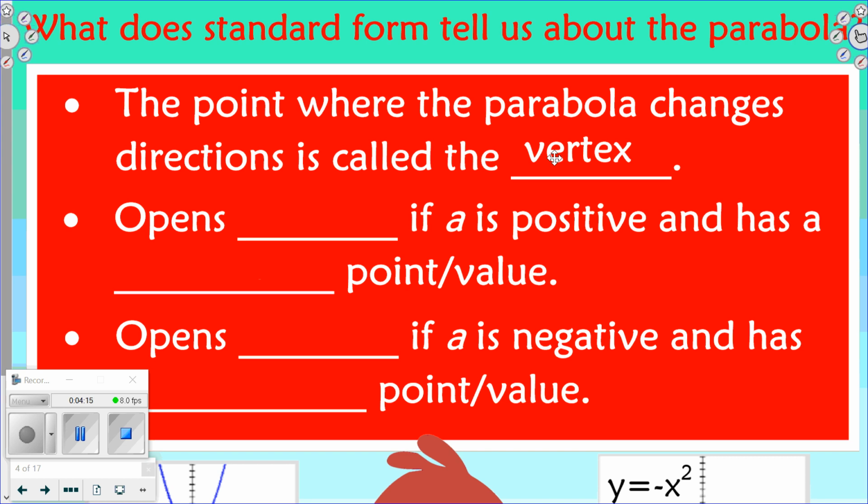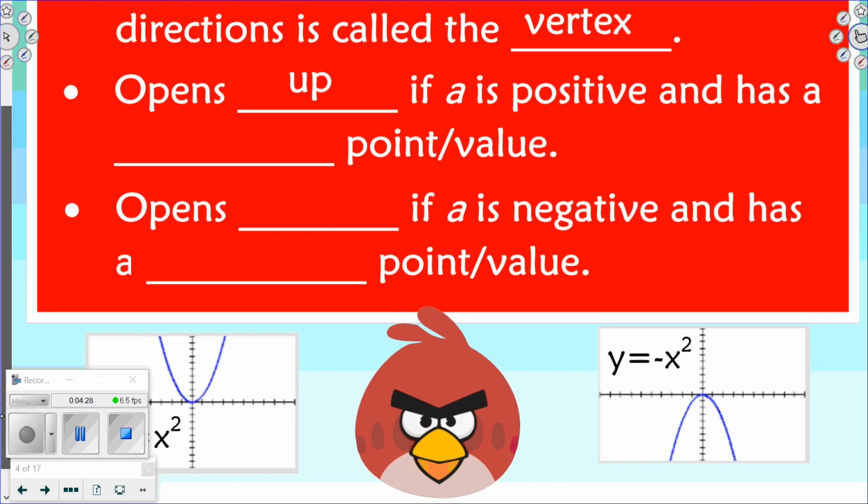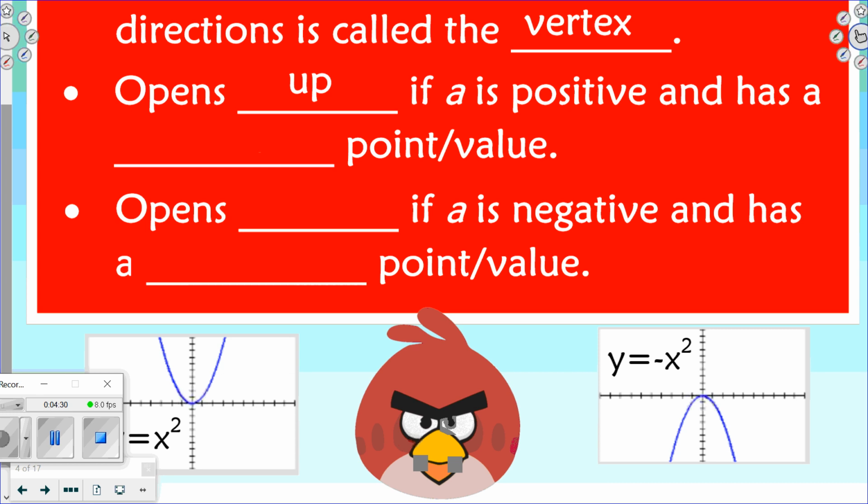Which way does it open if A is positive? What do you think? Positive means it should probably open up. Yeah. It opens up if A is positive. So if you look down here, I kind of got a graph here. If I have a positive x squared, my A value is a positive 1, right? It's going to open up, right? It's pointing up.